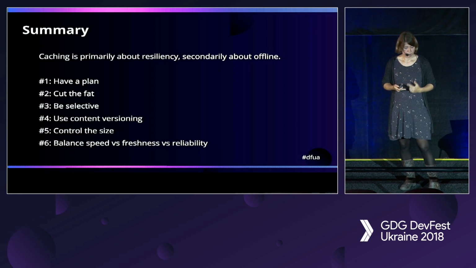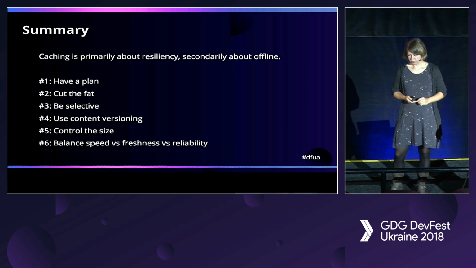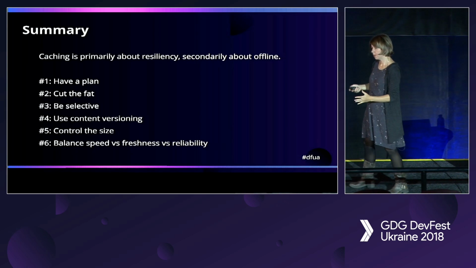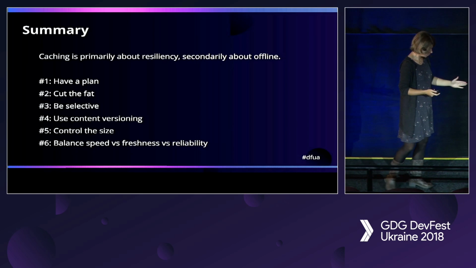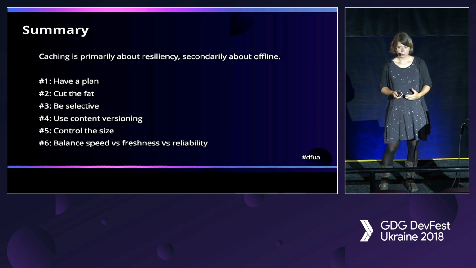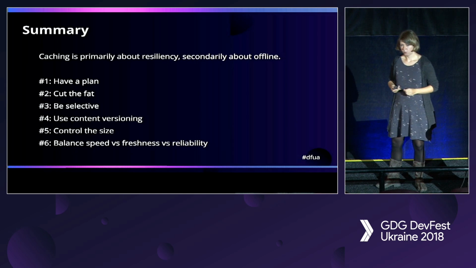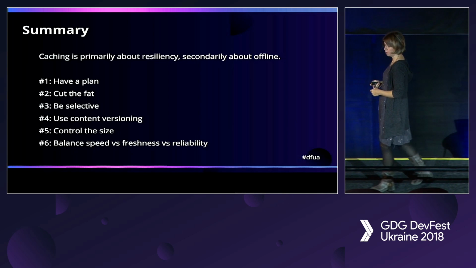So first of all, don't jump straight in and cache everything. Just have a plan, think it through first. Put it on paper, preferably. Secondly, cut the fat. Fix your site before you go for caching. Fix usual performance problems, because they will double your problems when you try to cache everything. Be selective about your content.